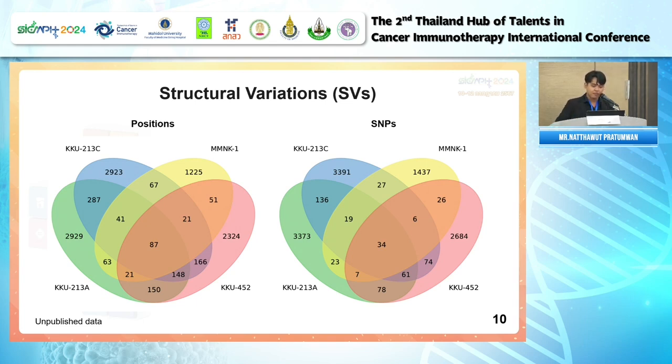When we compare the 3 CCA cell lines to the cholangiocyte cell line MMNK1, there are more than 60 variant positions similar to MMNK1. The right plot shows the SNP positions within the 4 cell lines, and about 34 SNPs have similar positions across these 4 cell lines.